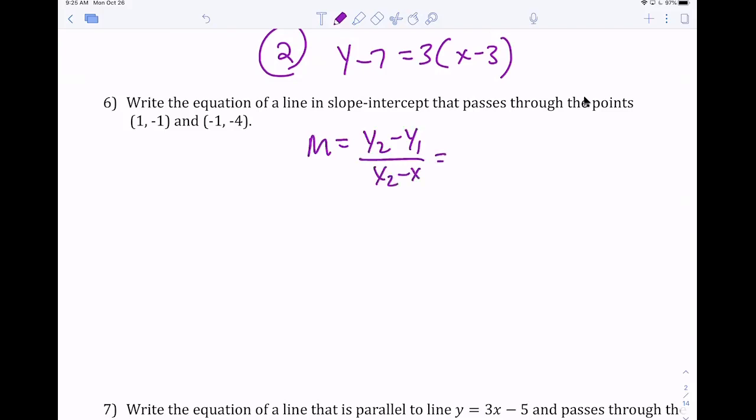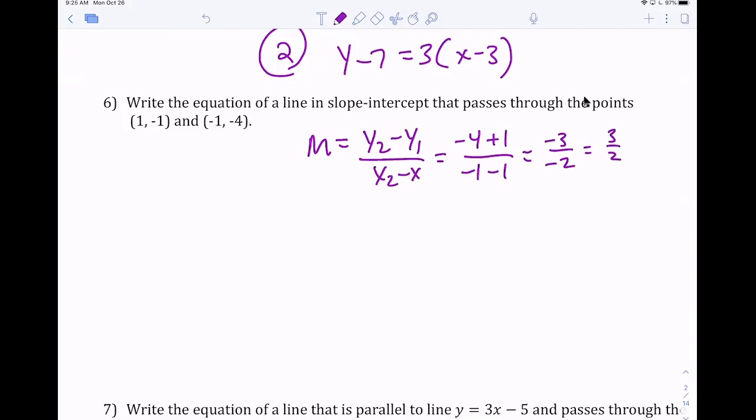So you want to do m is equal to -4 plus 1 over -1 minus 1. Good job. So you have -3 over -2, which is the same as 3 over 2. Good. So now write the equation.